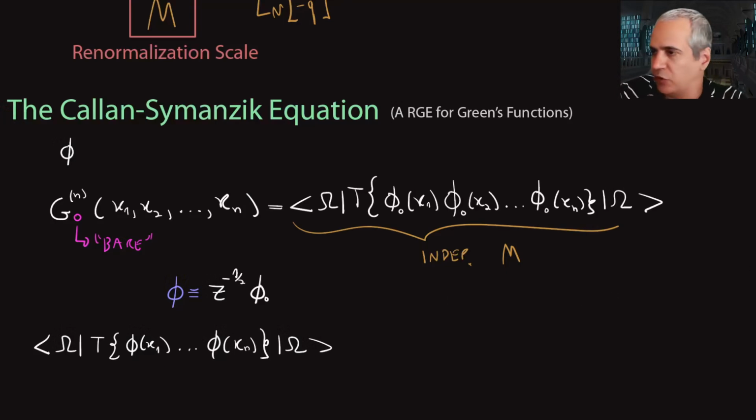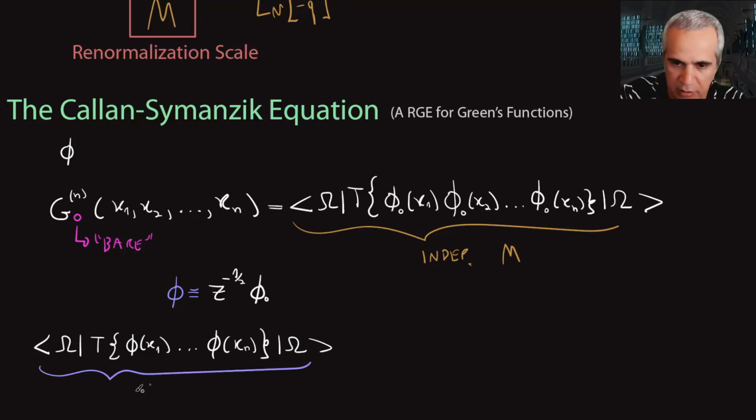And this is now what I'm calling Gn of x1 to xn.